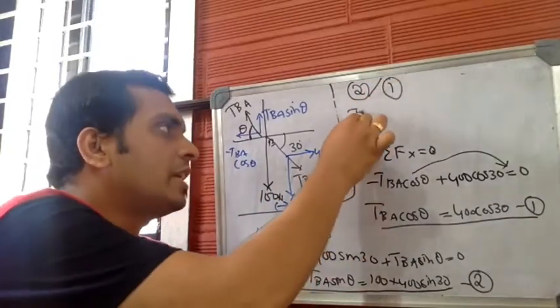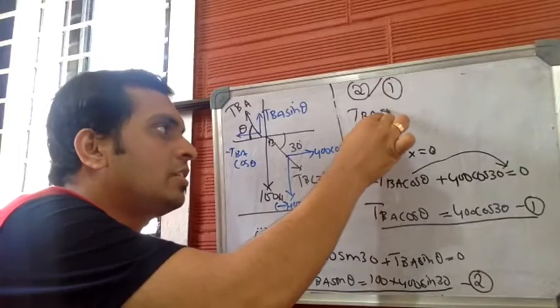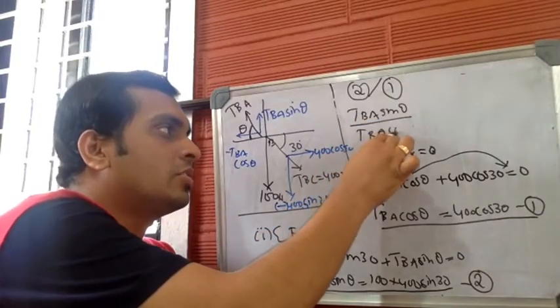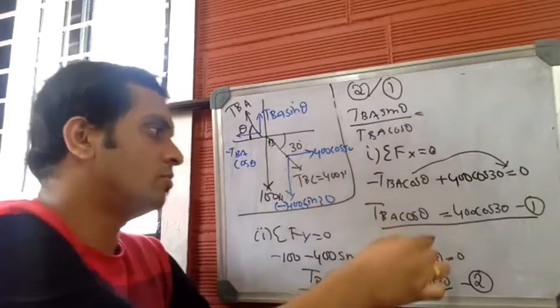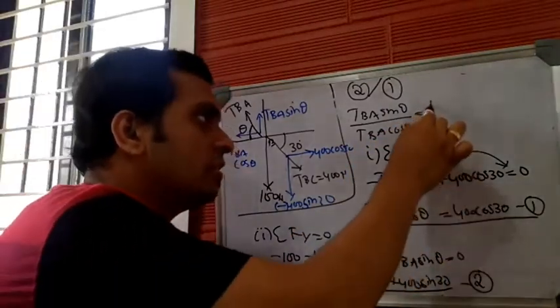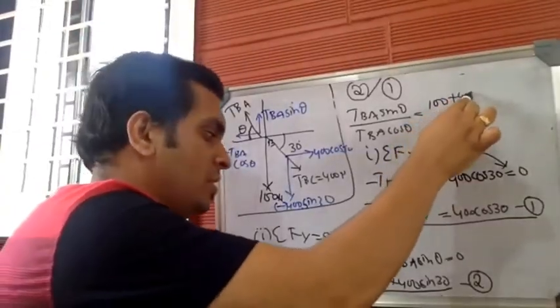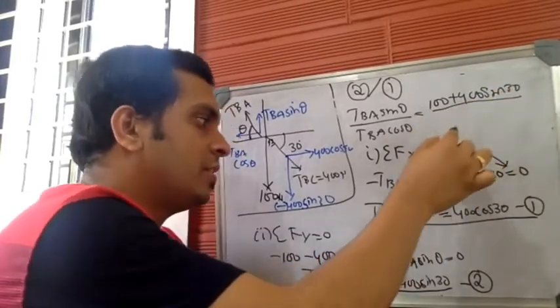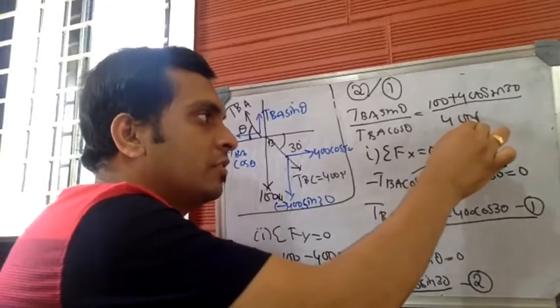Equation 2 is TBA sin theta, and equation 1 is TBA cos theta, so the right hand side is 100 plus 400 sin 30 divided by 400 cos 30.